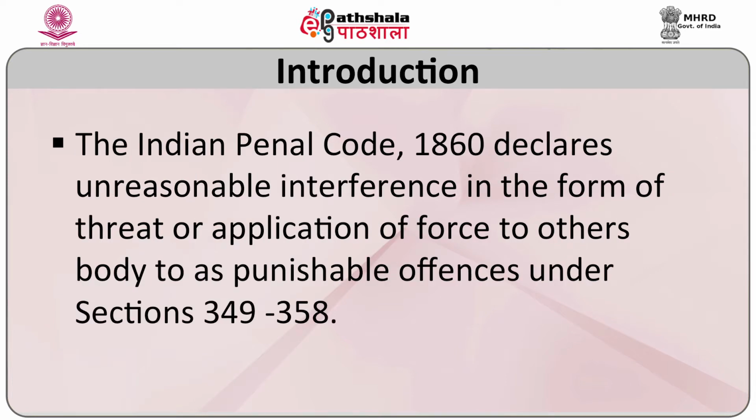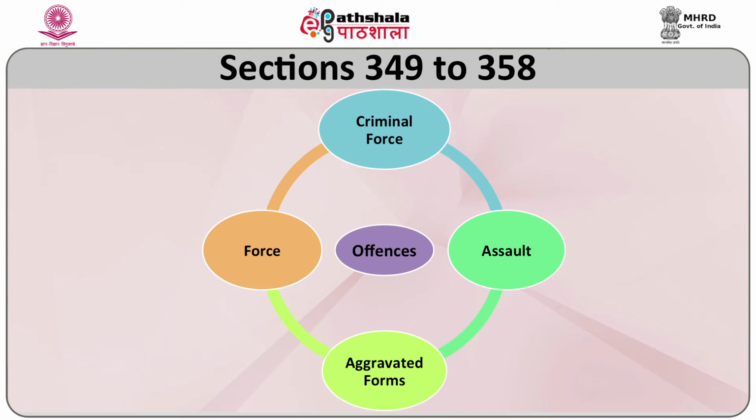Hence, the Indian Penal Code 1860 declares such unreasonable interference as an offence of use of criminal force and assault. Sections 349 to 358 of the Indian Penal Code provide details about various aspects of these offences.